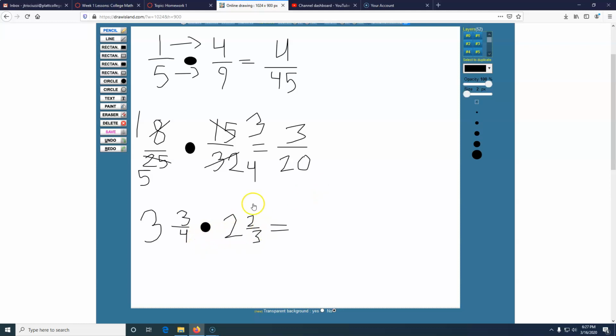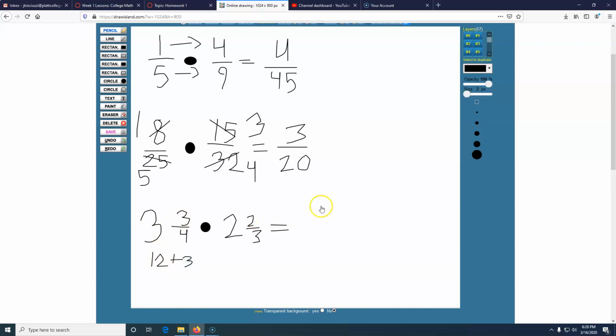For the last one, we're going to have to change them. Now, I'm going to illustrate or kind of talk about each step individually, but I'm not going to necessarily show everything here. So remember, you do 3 times 4, that would give us 12, and then plus the top number, which is 3.